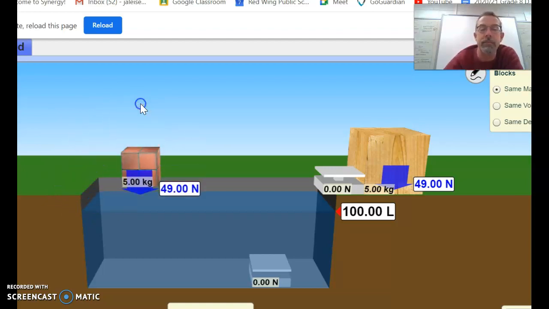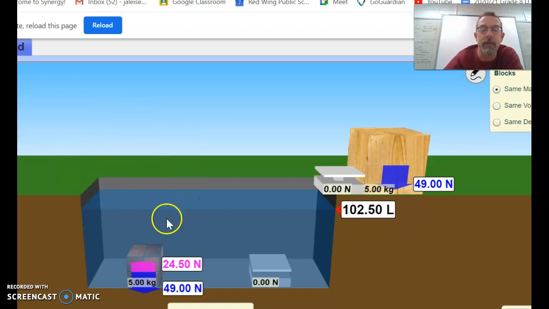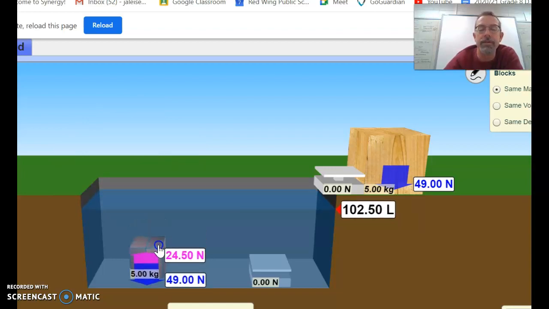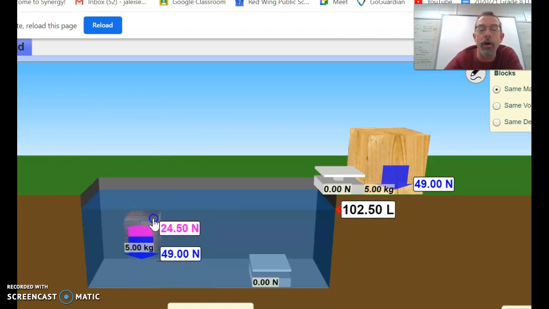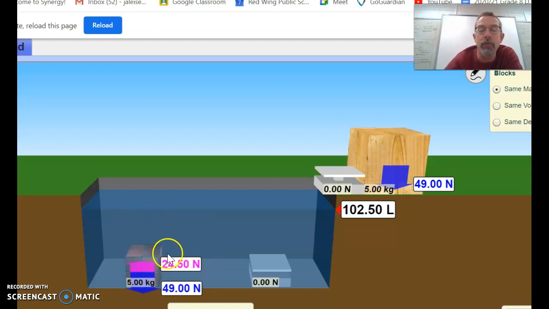So if I toss this brick into water, it'll obviously sink. But you'll notice that the amount of water it displaces equals 24.5 newtons. So if I were to have a chunk of water that was this big, it would weigh 24.5 newtons, and as a result, there's 24.5 newtons of buoyant force.